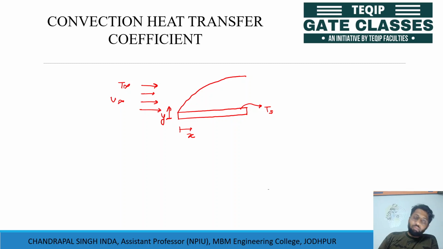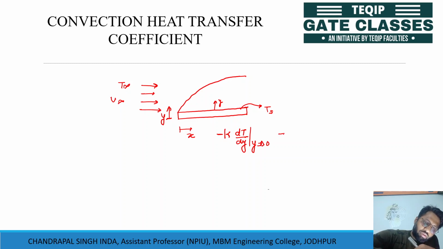So by the boundary condition, the conduction heat transfer is equal to the convection heat transfer: minus k dT by dy, because the heat is transferring in the y direction, at the interface, that is y equal to 0, will be equal to hA(Ts minus T infinity).